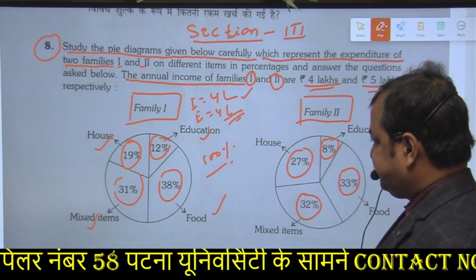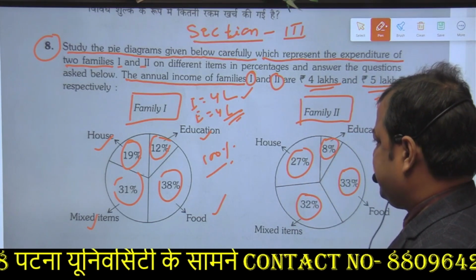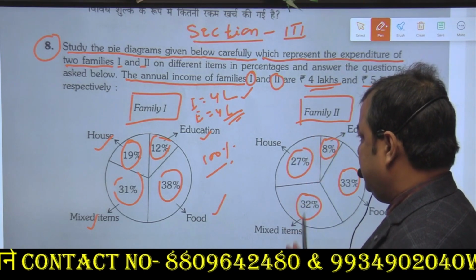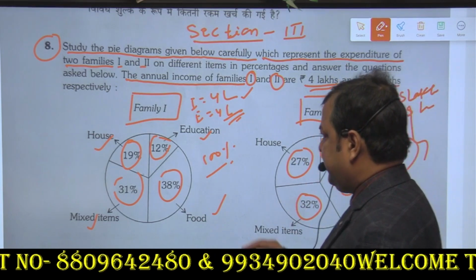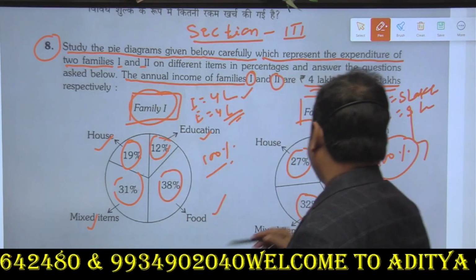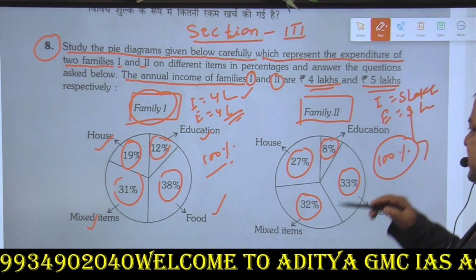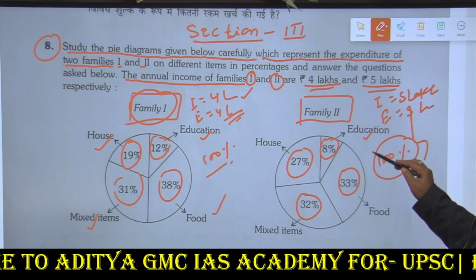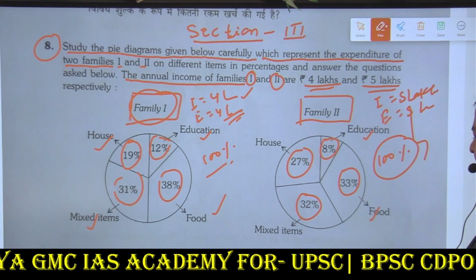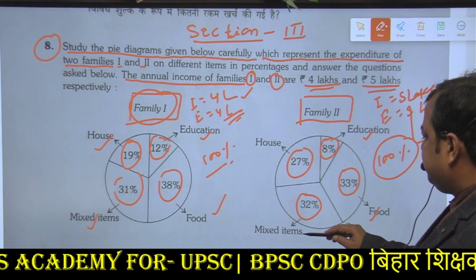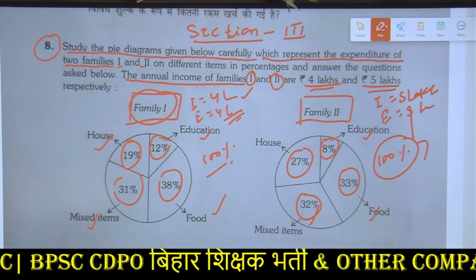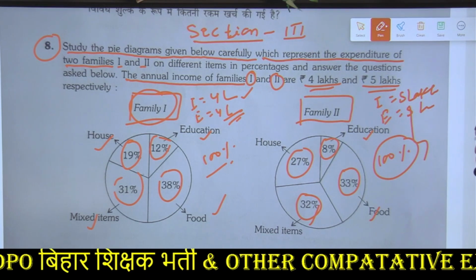There are 4 types of items of expenditure by family 1, and another family has the same items: education 1st, food 2nd, mixed item 3rd, and house rent 4th item.